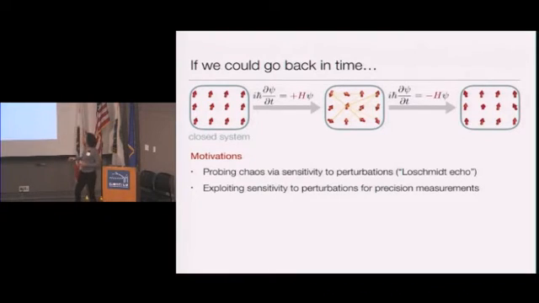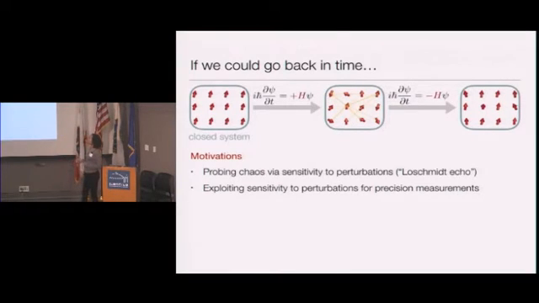And this is this classic idea of a Loschmidt echo as a probe of sensitivity to perturbations, a diagnostic of chaos. On the flip side of that, if I understand my system already very well, then this type of a sequence of evolving forward and backward in time might actually give me a way of sensing a small perturbation if I don't return precisely to my initial state.